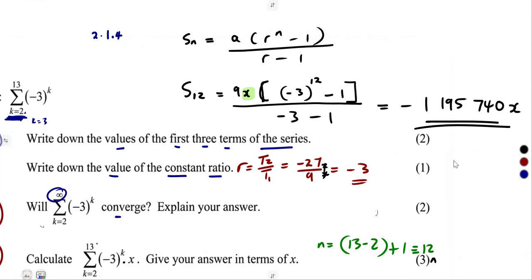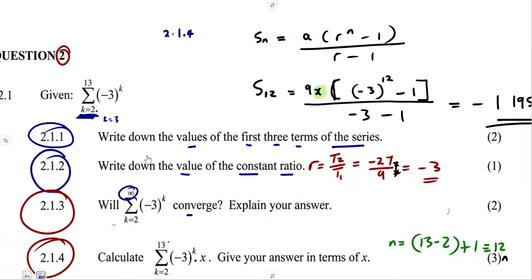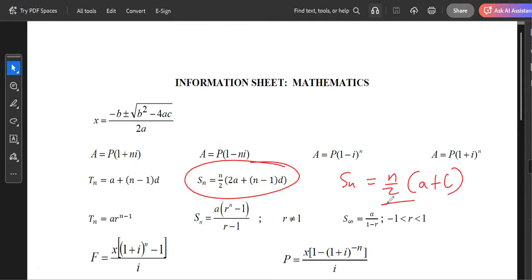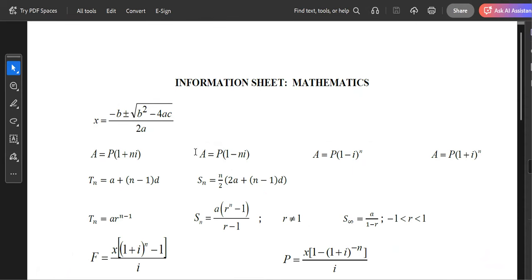Summation is simply sum of terms. Use the corresponding Sn formula of the series provided. It's a geometric, so we know that. If it is arithmetic, therefore use the sum of terms for the arithmetic, this one, or you can use Sn, n over 2 into a plus l. Any corresponding part. So this is how these questions are given.